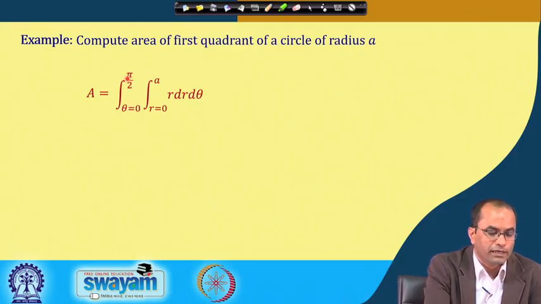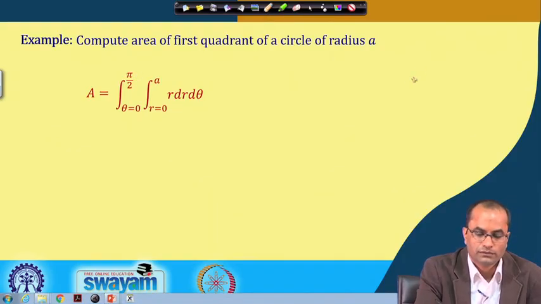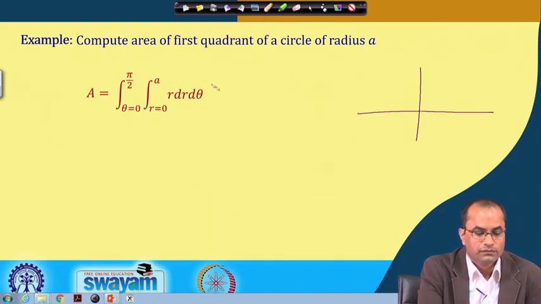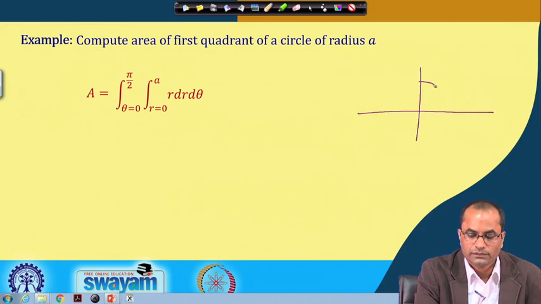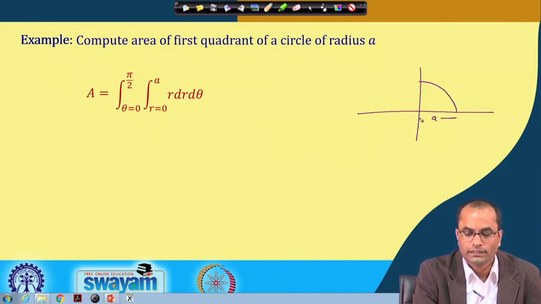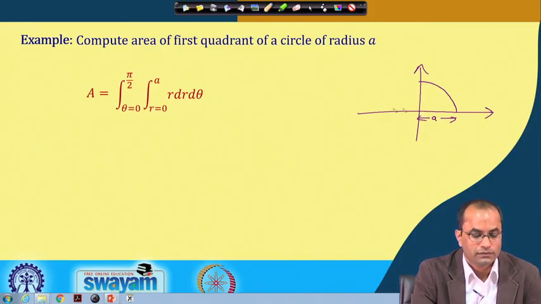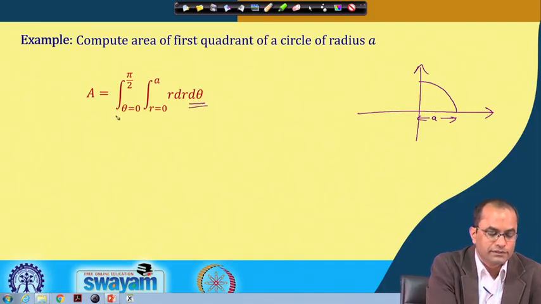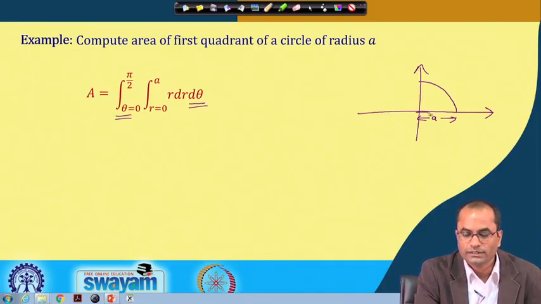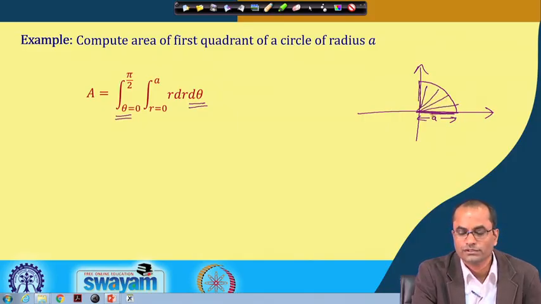So, here the area of the circle will be given by theta from 0 to pi by 2, because it is the first quadrant. Here is the circle and the radius is a. The limits for theta first: theta will vary from 0, at this line theta is 0, up to pi by 2 at this line.